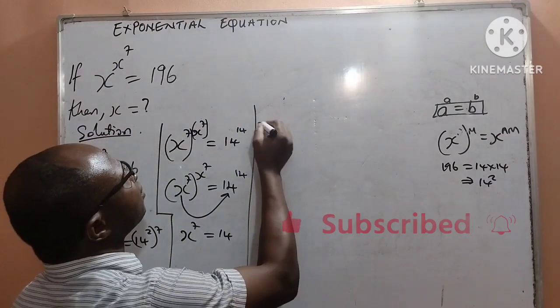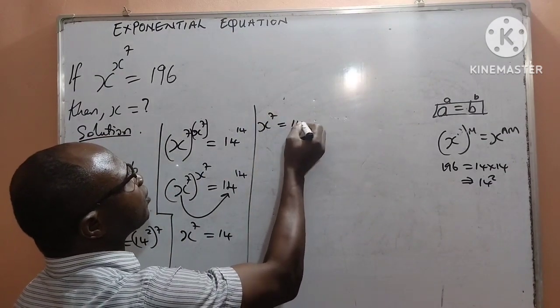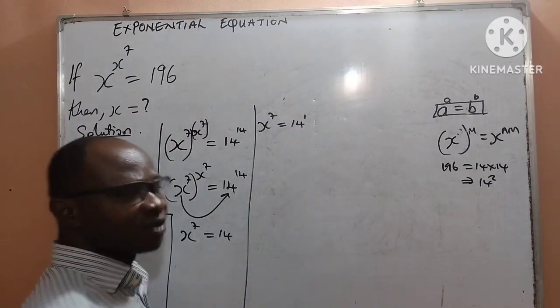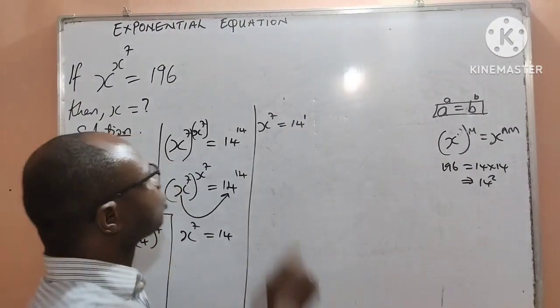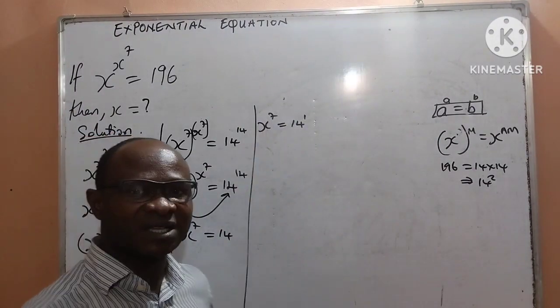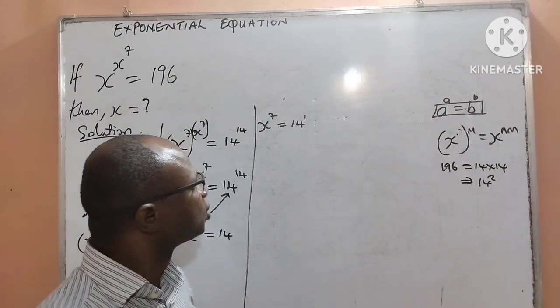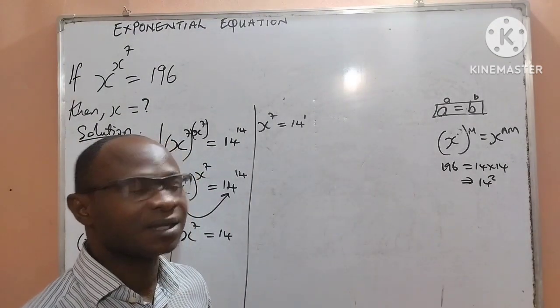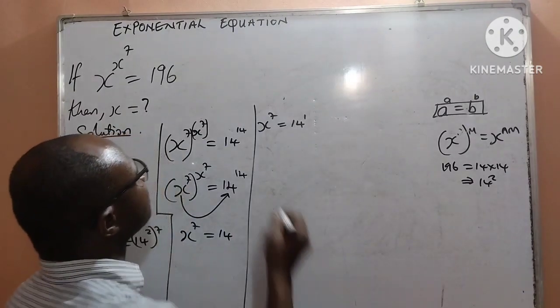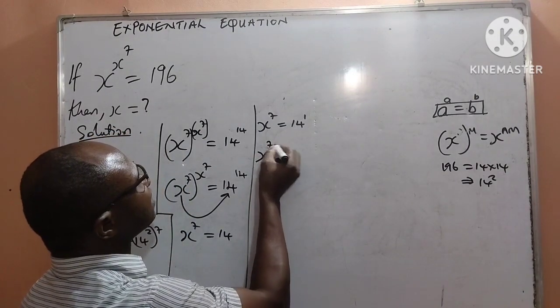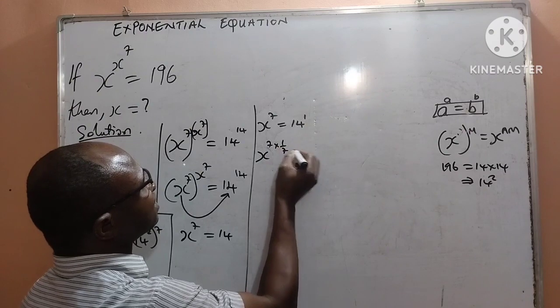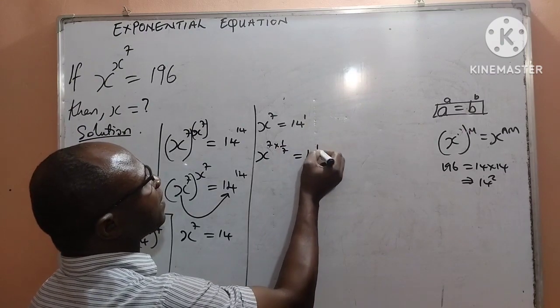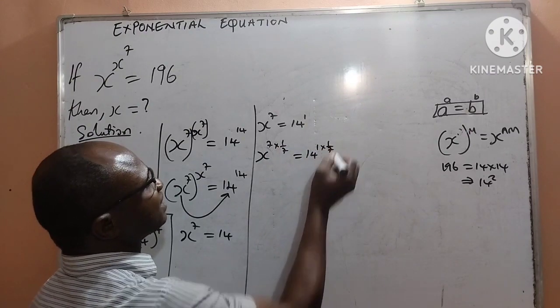But you can agree with me also that x raised to the power 7 equal to 14. 14 is the same thing as 14 raised to the power 1. So what I will do to remove this 7 by the left hand side, which is the power of x, is to multiply both sides of the exponents by 1 over 7. And that means I will be writing x raised to the power 7 multiplied by 1 over 7 equal to 14 raised to the power 1 multiplied by 1 over 7.